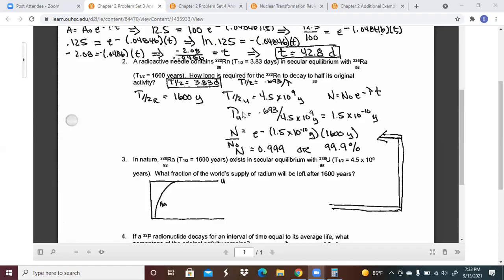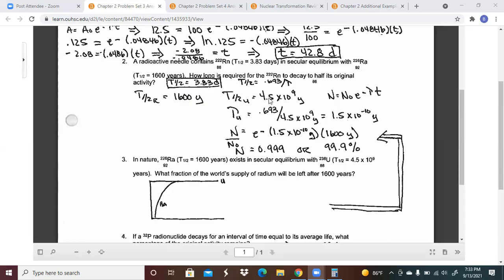So the amount or the time here for uranium to decay is going to end up being, pardon me. So we take 6.693.